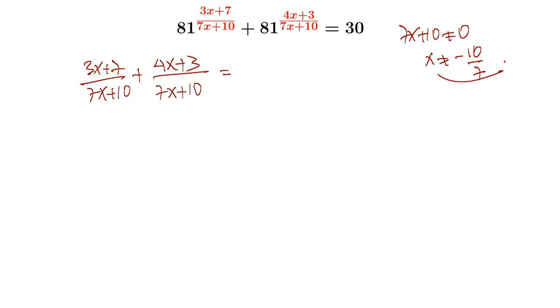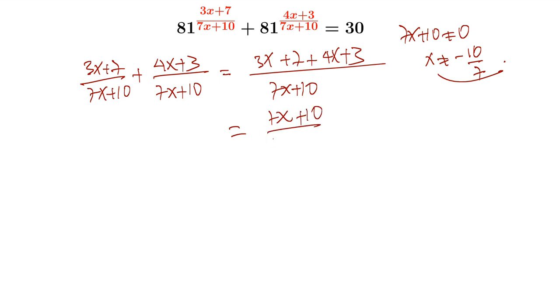This is equal to, same denominator, right? So we got then that this is 7x plus 10 here. So this is 3x plus 7 plus 4x plus 3. So this is what? 7x plus 10, all divided by 7x plus 10.